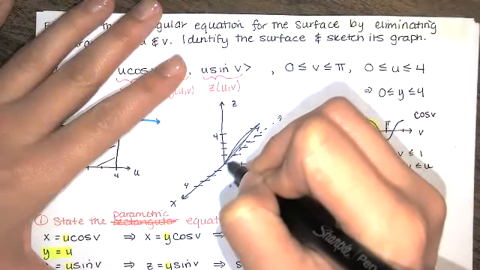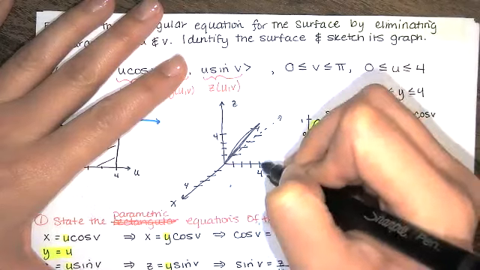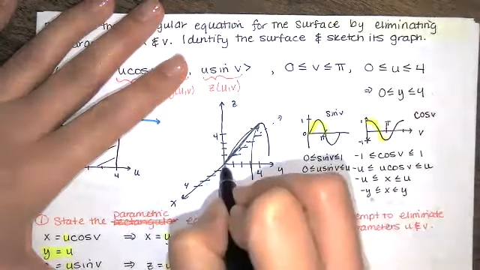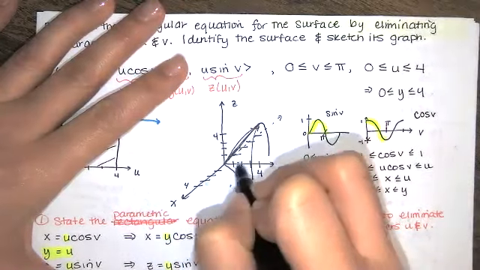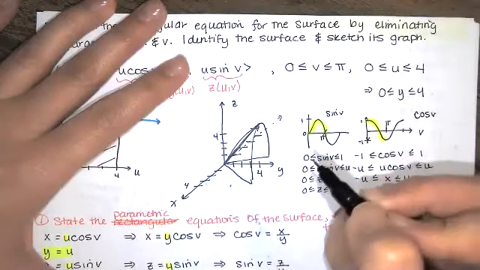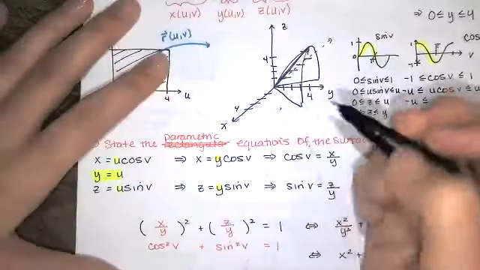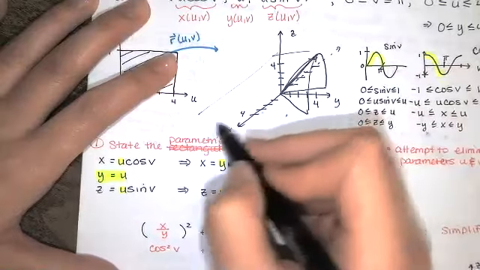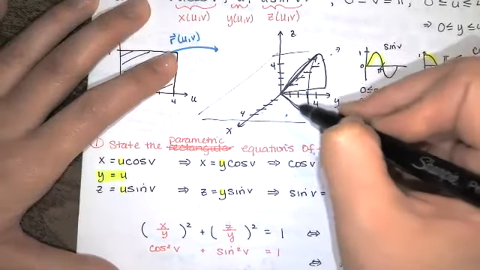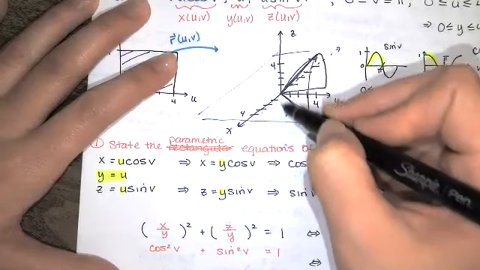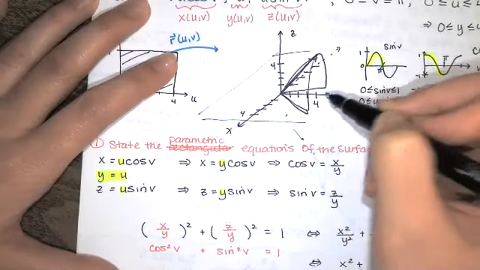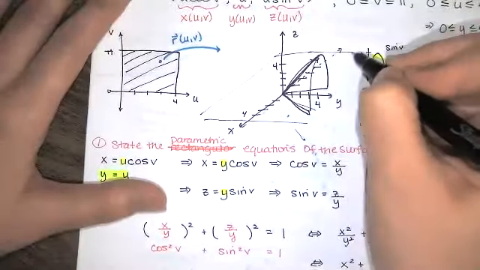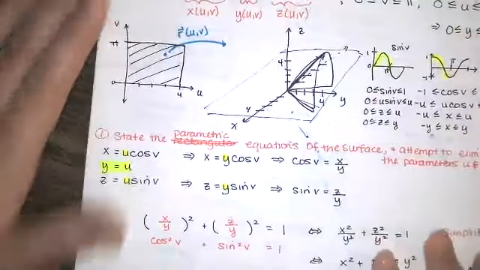Whoops, it's supposed to be a straight edge. But we only get part of it, the part that lies above the XY plane. It's not the best picture, but I hope you understand what I'm trying to do there. The whole cone would go below and then it would come back up. We just get that part that's lying above the plane. Okay.